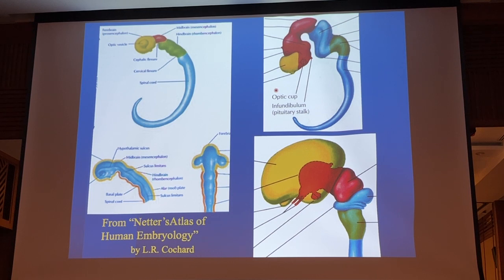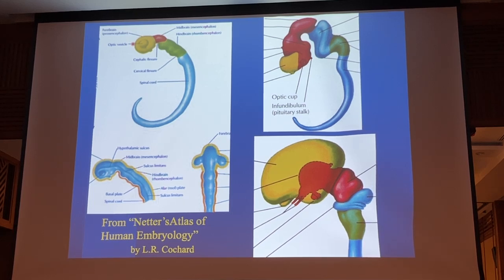As the neural tube develops further, flexures occur, a cerebral flexure and a cervical flexure, because of this folding down. And as Carell mentioned, you have the prosencephalon, mesencephalon, and rhombencephalon.